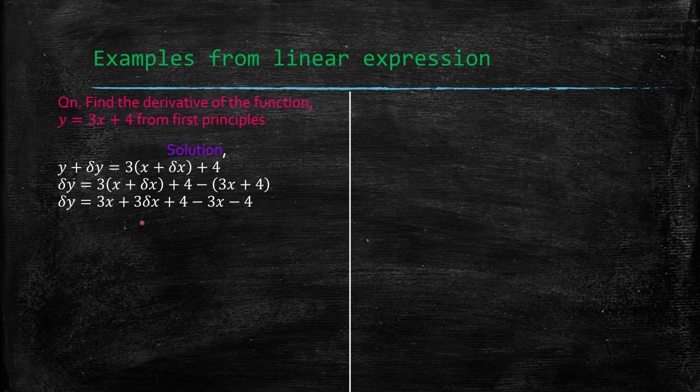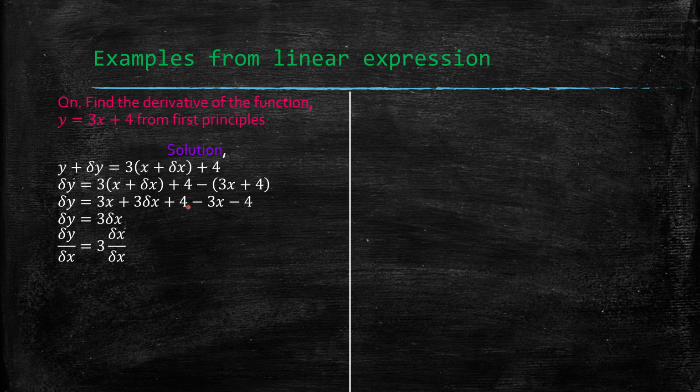When we simplify that expression further, we are going to have small change in y being equal to 3 small change in x, because negative 3x is going to go with this 3x, and this negative 4 is going to go with this positive 4.